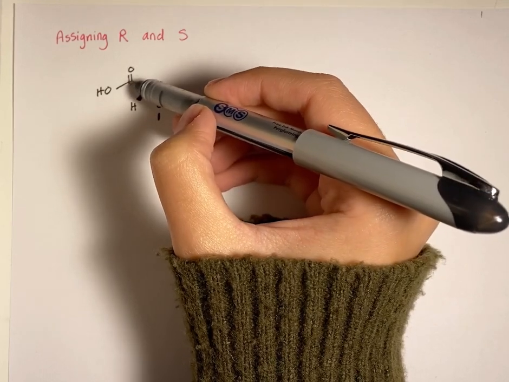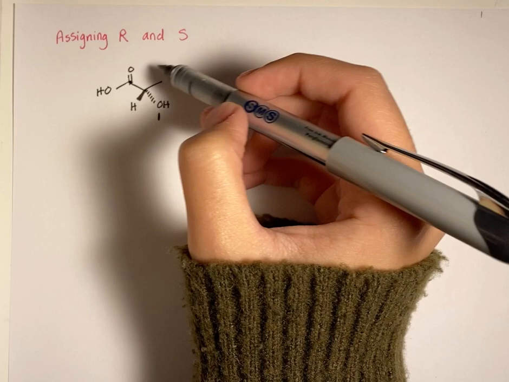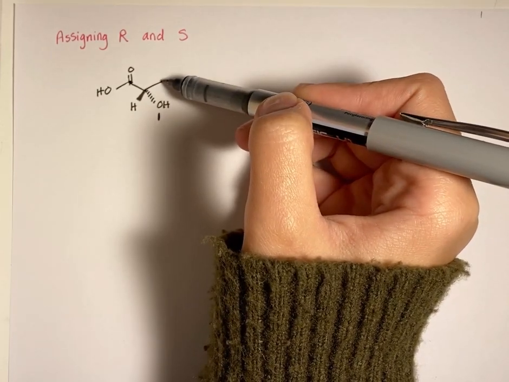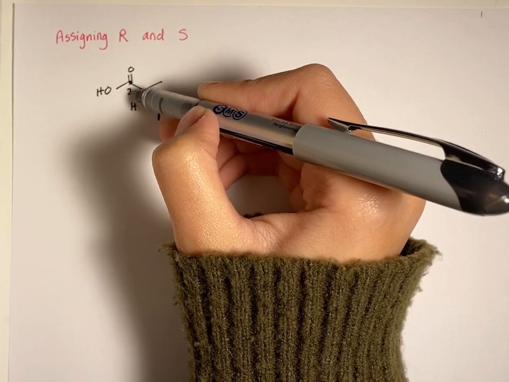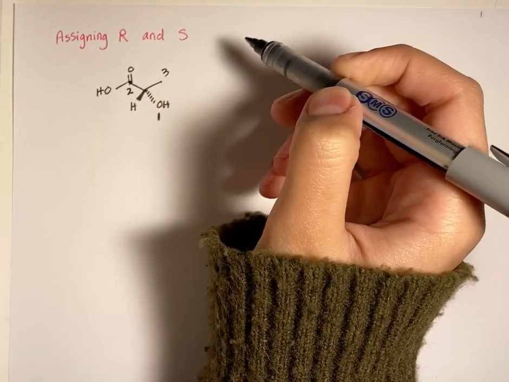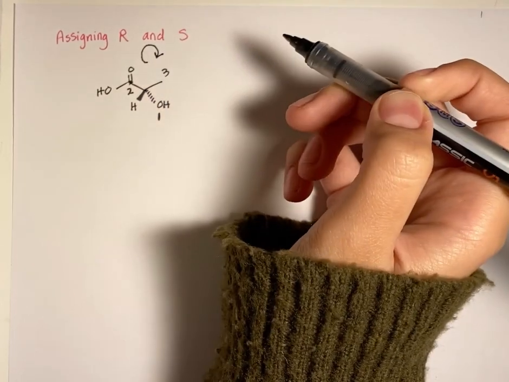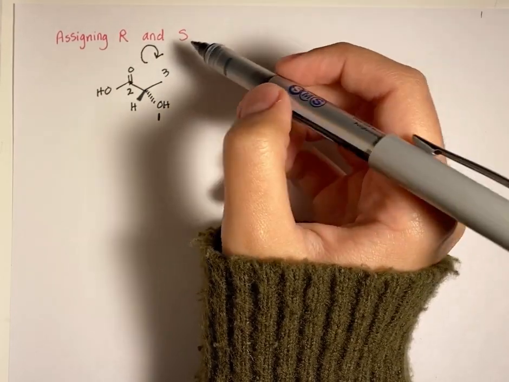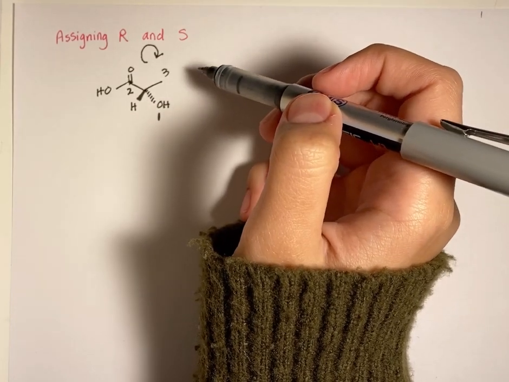Then we have this carbon here, which is double bonded to oxygen plus another oxygen, versus this carbon that is only attached to 3 hydrogens. So this gets the second priority and then the third.